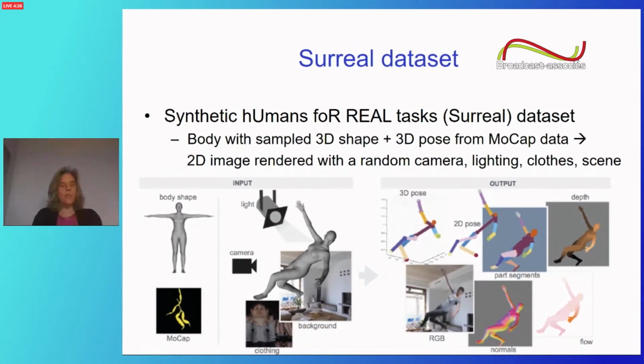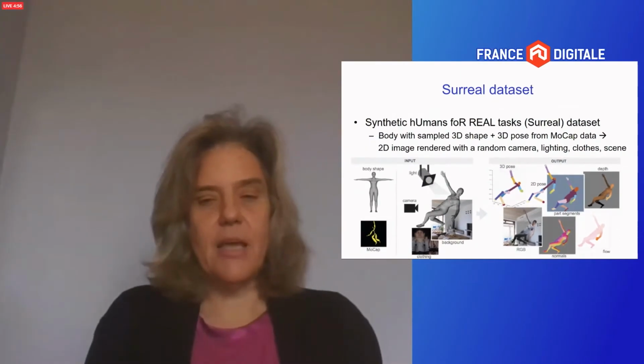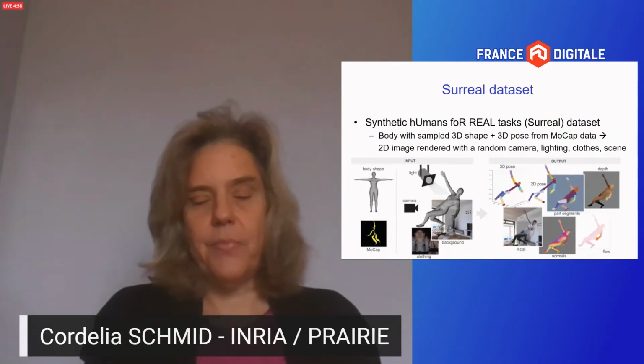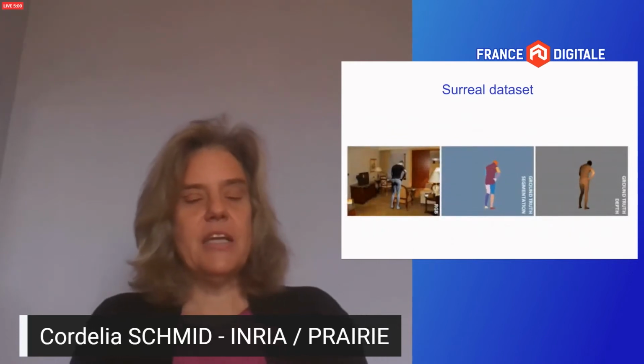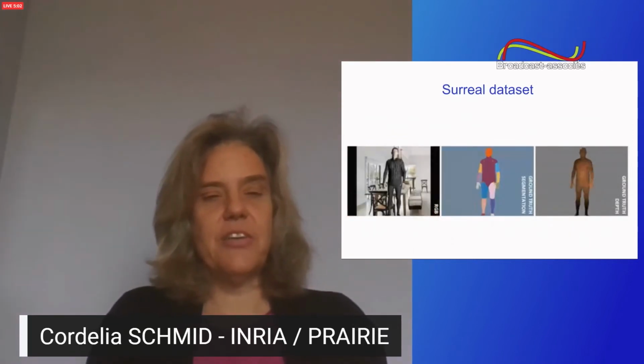We can then combine human body shapes and motion sequences and render these sequences under different viewing conditions, different light conditions, and with different clothings and from different backgrounds. We then have for the synthetic data, the 3D pose, the part segmentation, the depth, the normals, and the flow. Here we can see a few of these generated sequences.